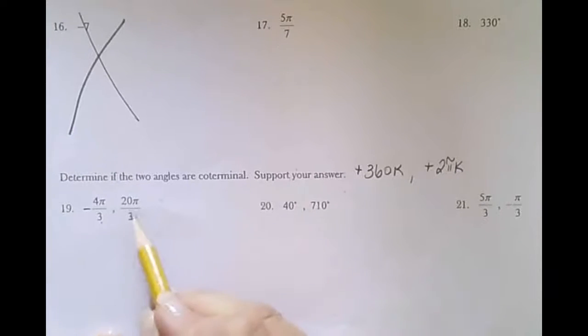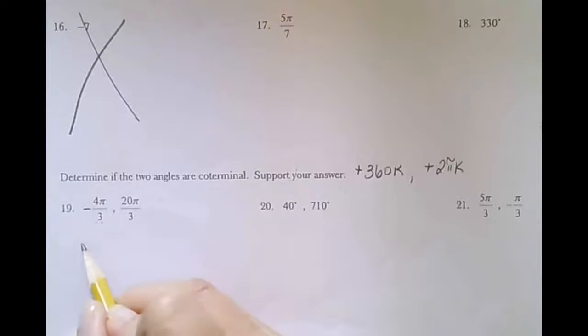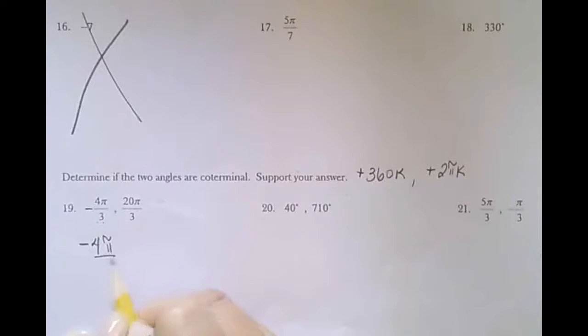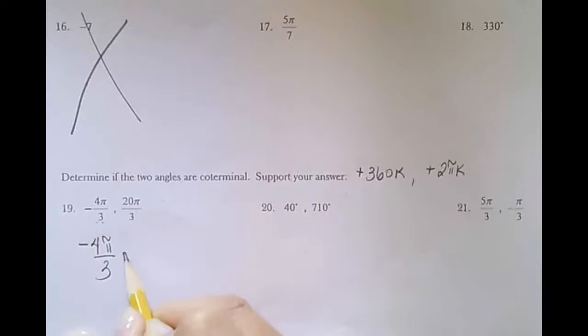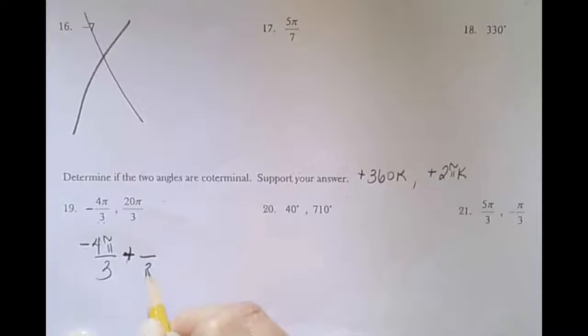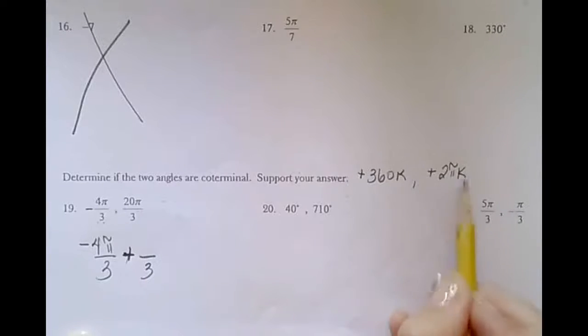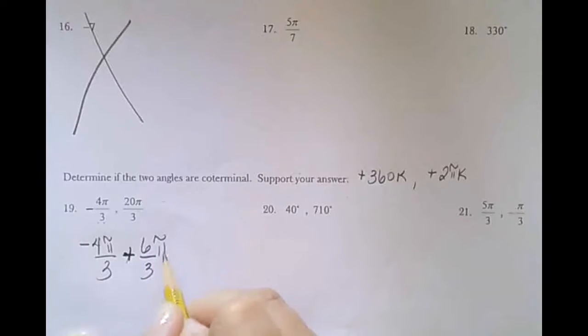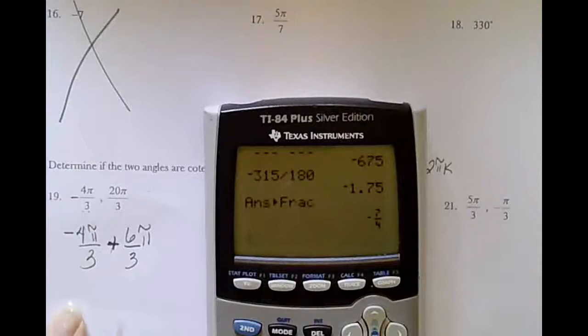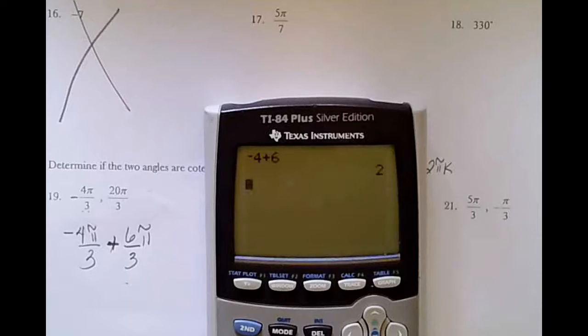So now we're going to do that negative 4 pi over 3, and it is thirds, and I'm going to be doing 2 pi's, which is 6 pi. I'm going to add, because I want to get to a positive number, 20, and I'm going to ignore the thirds in my denominator and use it in my answer. Negative 4 plus 6, got to keep going, plus 6, and there it is.